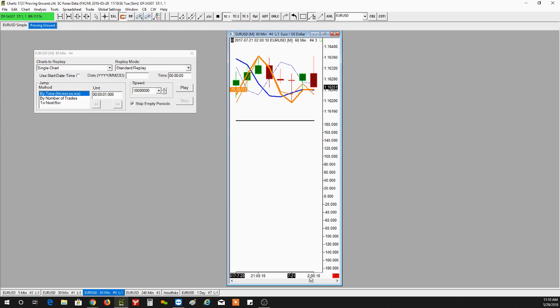With just TNT and pressure, I would strongly look at a short. If we were right up against support like this, I would consider what the next level of support is and try to trade 25% of that distance. And if I could justify a trade there, I'd take that, with pressure being in my favor.